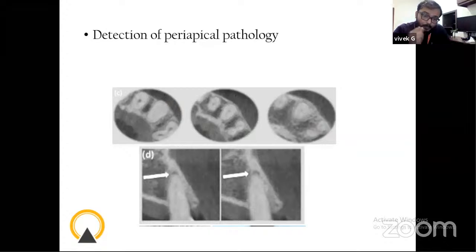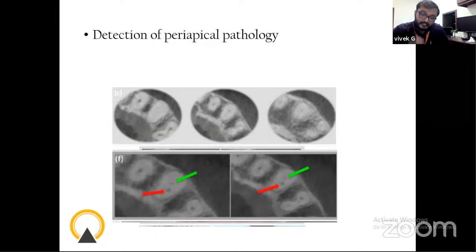And cross-sectional images would show something that you couldn't see in the intraoral periapical radiograph. You could see that there is a small periapical pathology. So such periapical pathologies can be visualized, and with the help of this, the endodontist could start off with the endodontic treatment. But here you can see that the red arrows show the scouting of the canals, where the endodontist could not reach the pulpal canal properly.